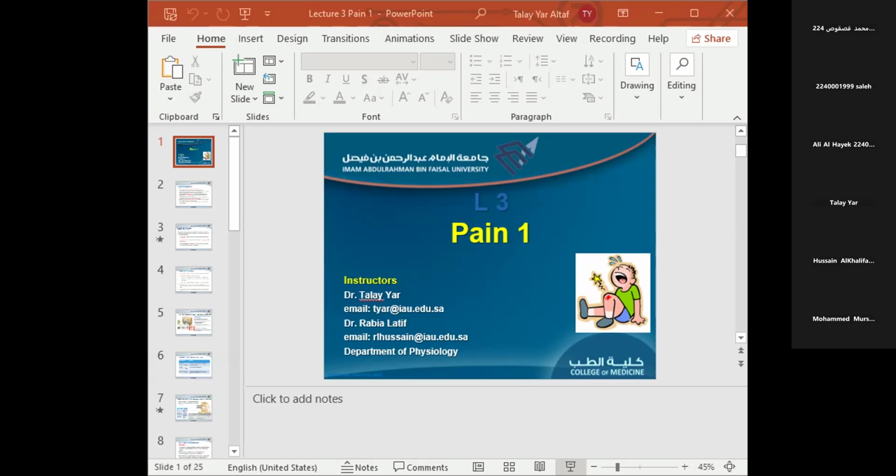Doctor, are you switching the slides or is it still the first slide? Yes, I am switching, but it is not being switched there.